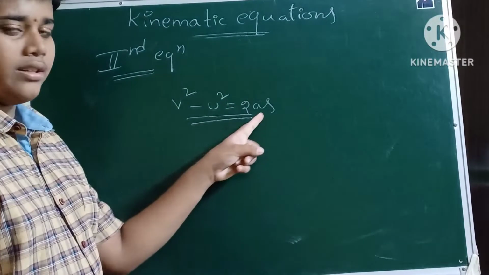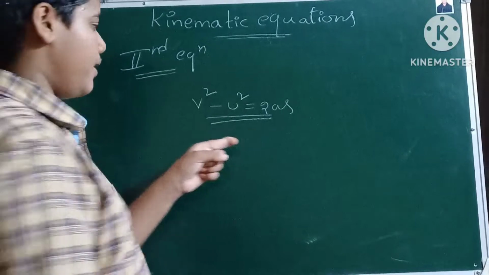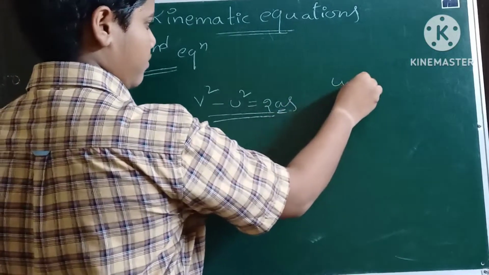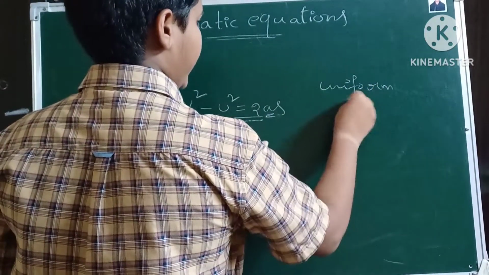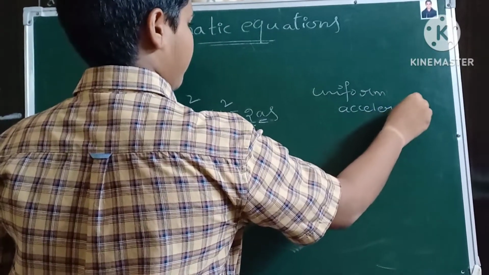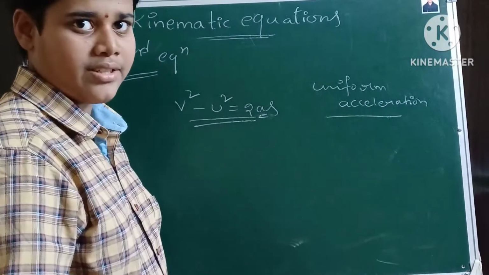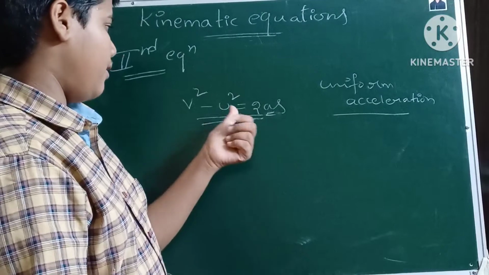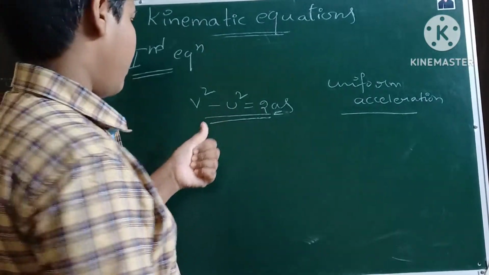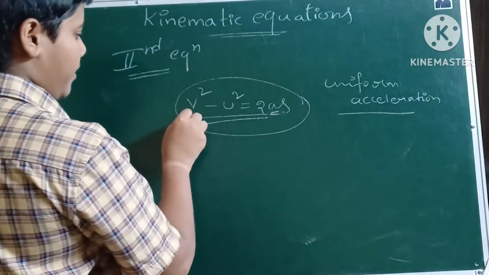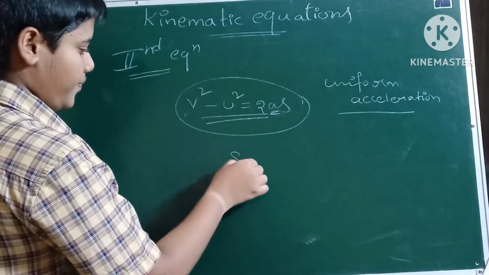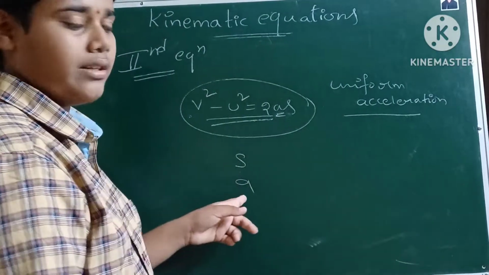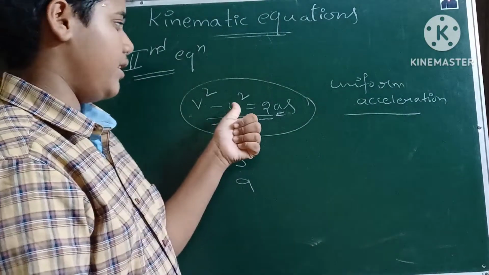When they mention uniform acceleration, and they give distance, acceleration and initial velocity, we can calculate final velocity, initial velocity from this formula.